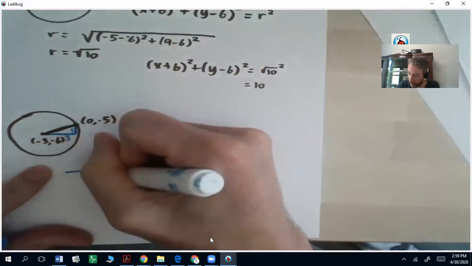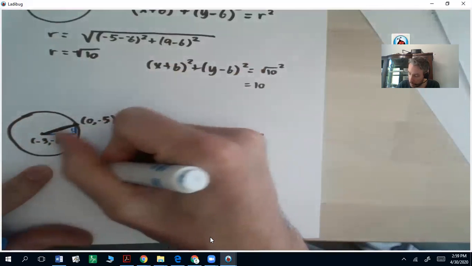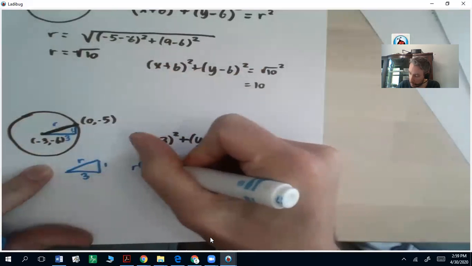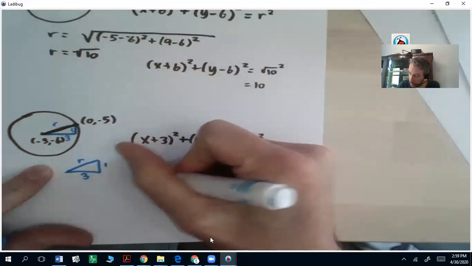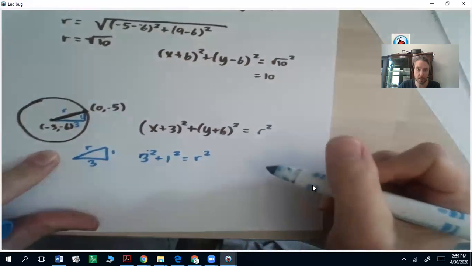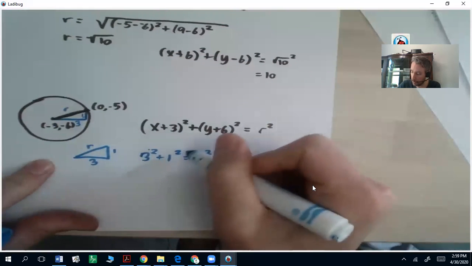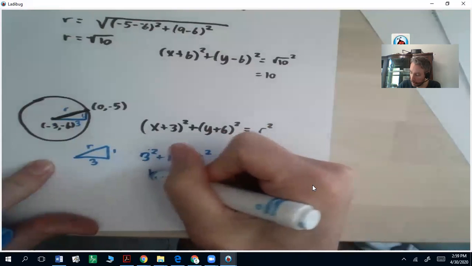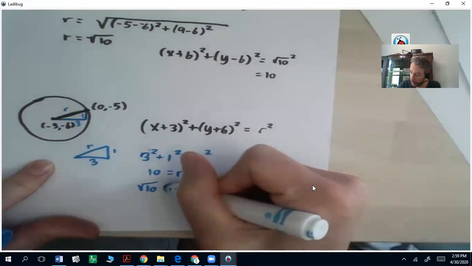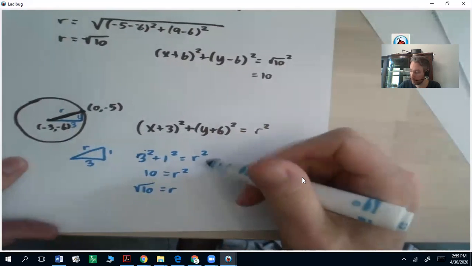So that right triangle, to get the radius, would be 3 squared plus 1 squared equals the radius squared, equals c squared. And that's going to be 9 plus 1, and that's going to be 10 again. So the radius squared is 10, and the radius is the square root of 10.